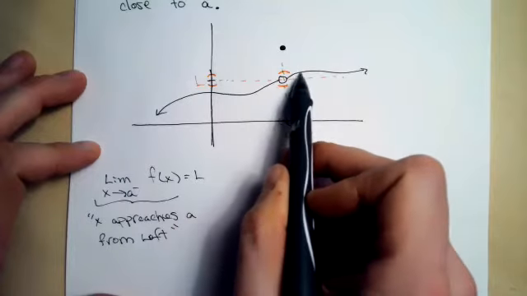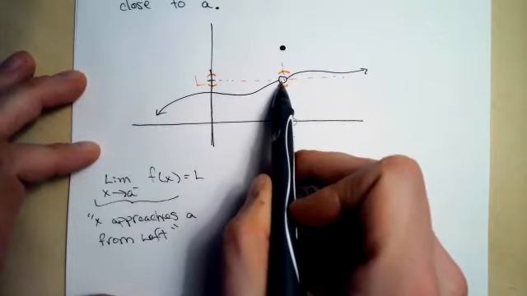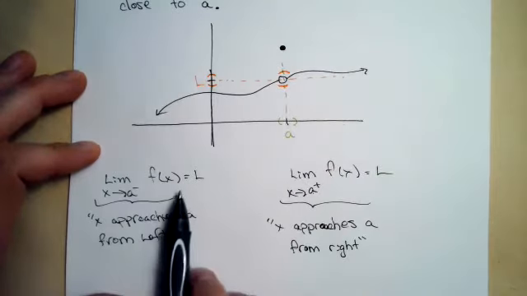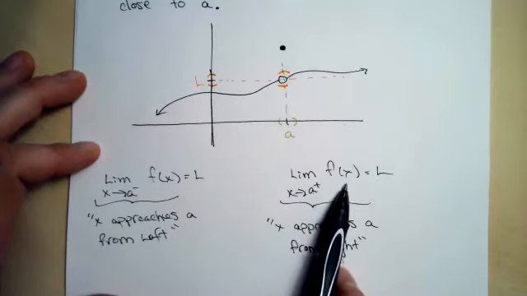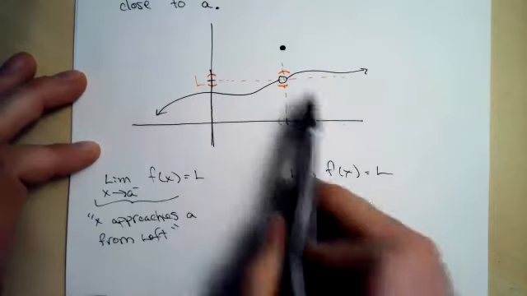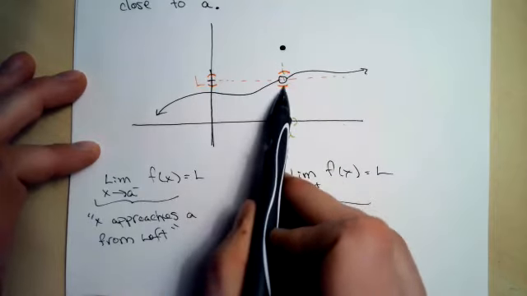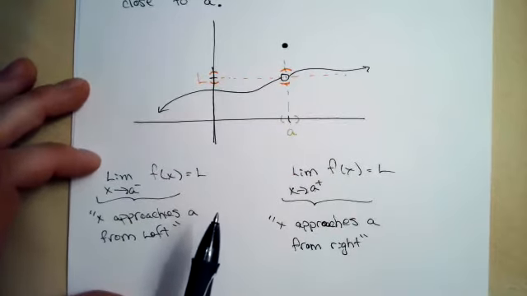And as we get closer and closer to a, what value are we approaching? Now, it can be the case that these two are not always the same. Sometimes the right limit and the left limit are different. And if they're different, then the general limit doesn't exist. So we'll go over that when we do a graphing example.